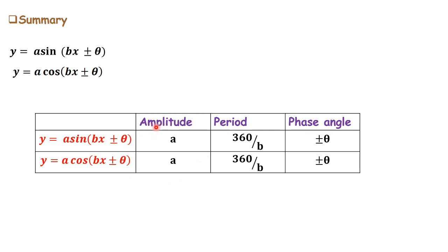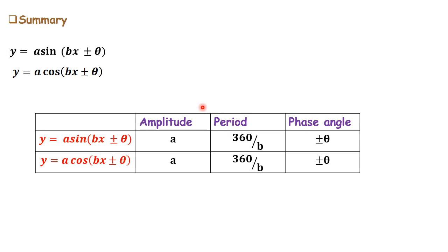The amplitude will be a, the coefficient, the first number appearing after the equal sign. The same case for y equals a cos: the amplitude is a again. That is the coefficient before the trigonometric ratio, sine, cosine, or even tan.